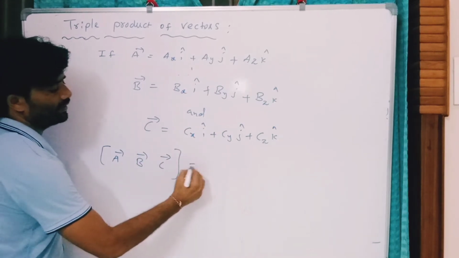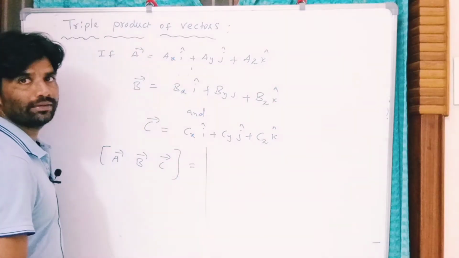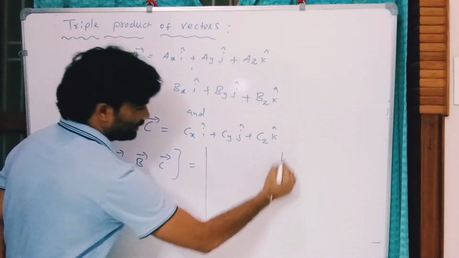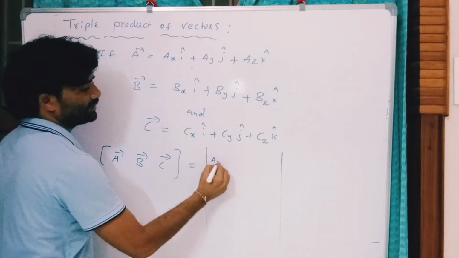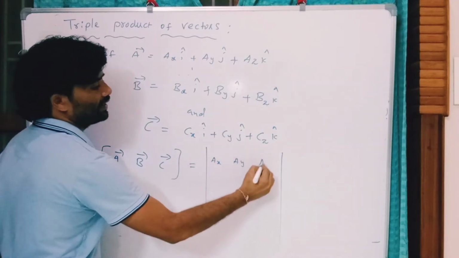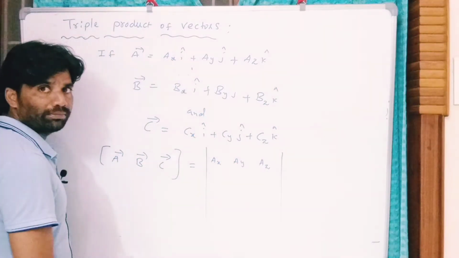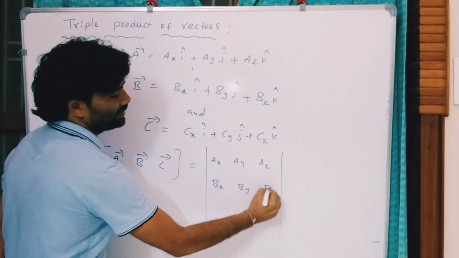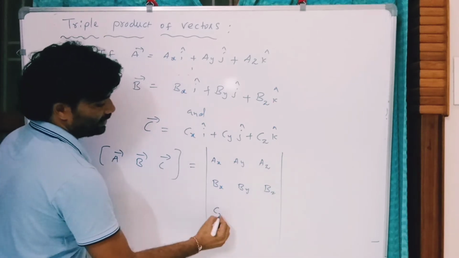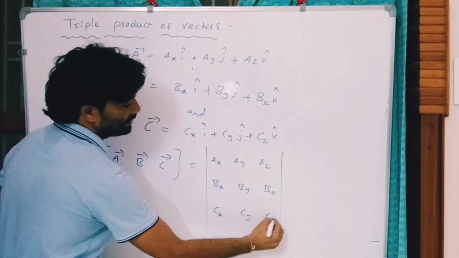Box of ABC can be determined by using this matrix method. Write first the components of A vector: AX, AY, AZ. Next the components of B vector: BX, BY, BZ. Next the C components: CX, CY, CZ.